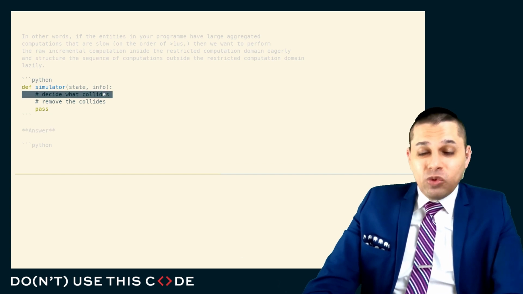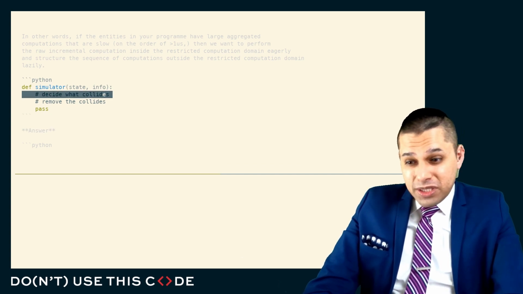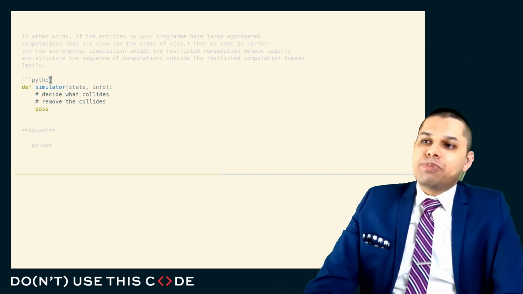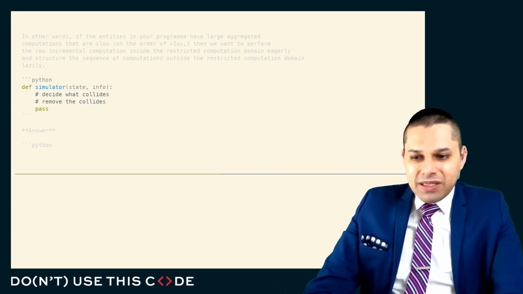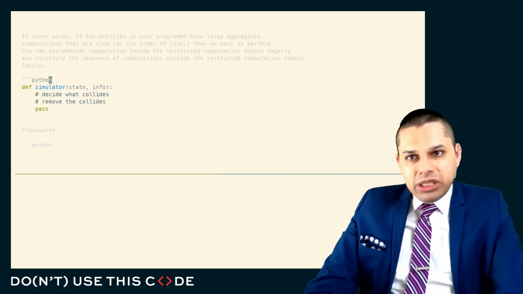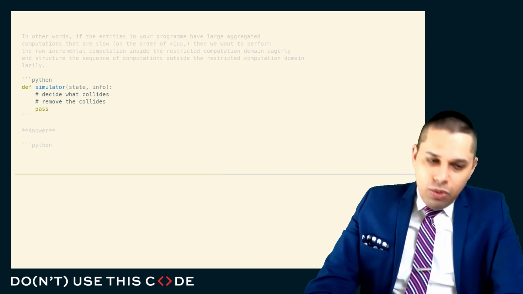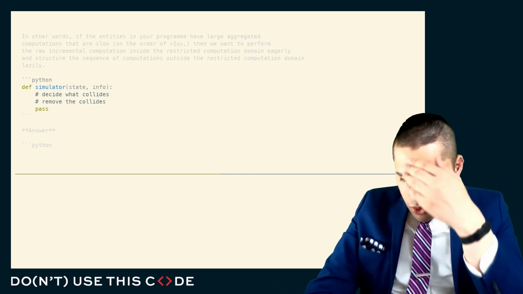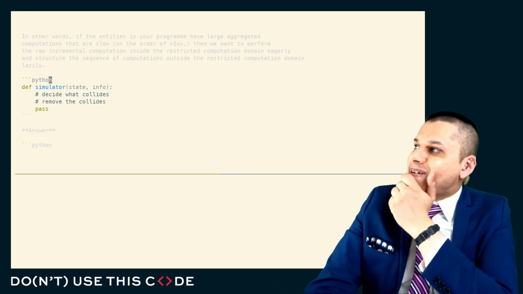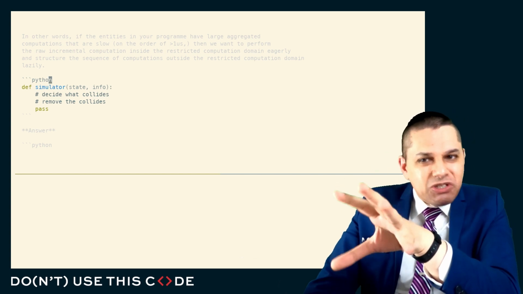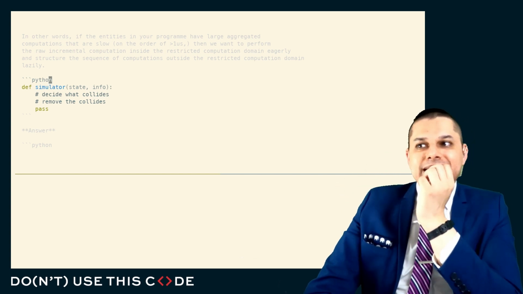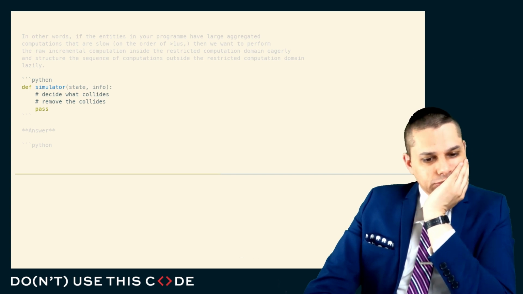Well, the decision of what collides is probably going to be slow. Why? It's probably going to be slow because if we have 10 elements, they could potentially collide with any one of the other 10 elements. So from my thinking, there's 10 times 10, maybe 10 times 10 minus 1 checks that we have to do to see if we have mutual collisions.